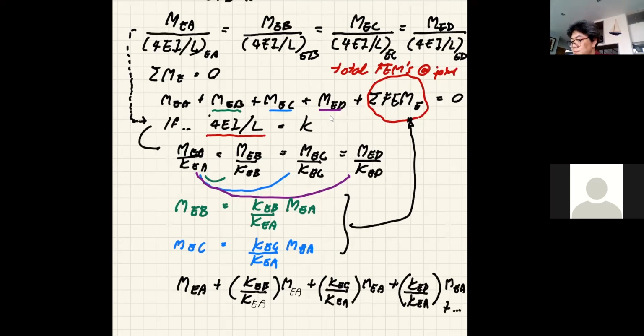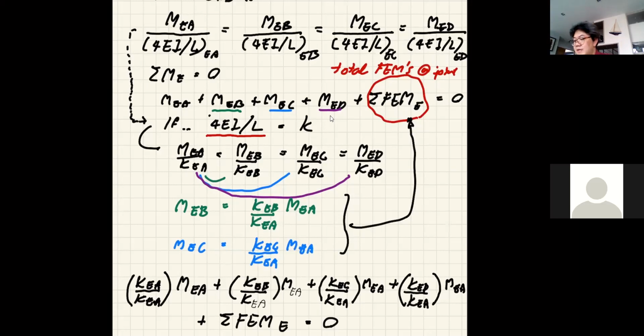Just running out of space. So I try to keep it with the same kind of format. I will put KEA over KEA up front. Okay, and this plus, let's say, sigma of fixed end moment at E will become 0.